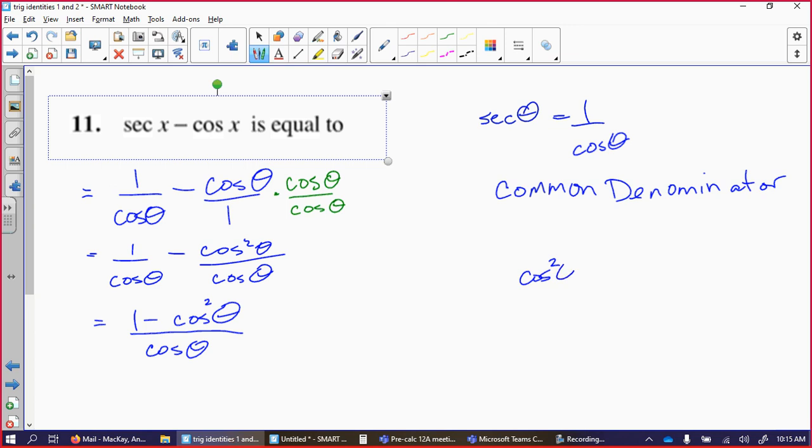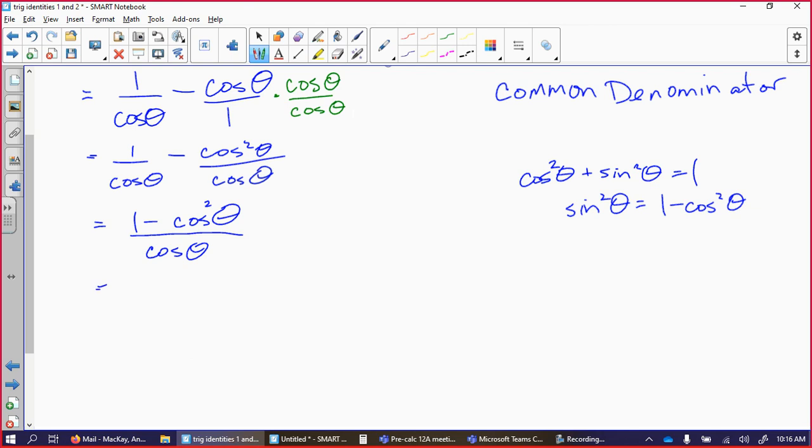Cos squared theta plus sine squared theta equals 1. If I move the cos over, this looks fairly simple, but if you looked at the answers, I don't think it is one of them. And this is a trick.